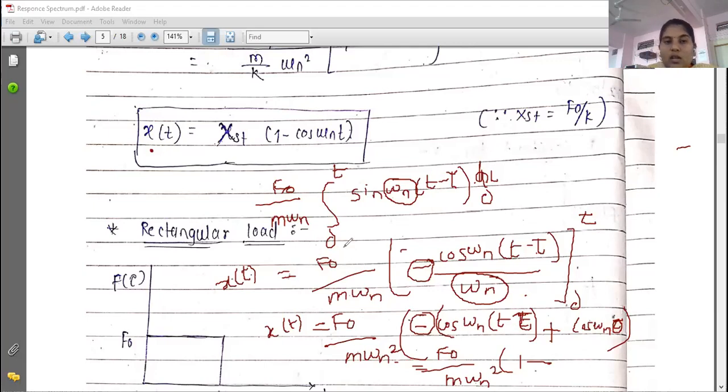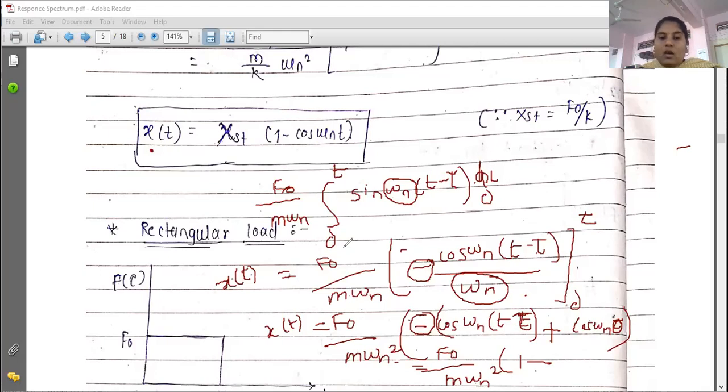Is it okay, Sonali Patil? Yes, madam. Okay, here t is also time, but that time is getting integrated from 0 to t. And I is also time, but in Duhamel's integral I told you that is I. Here also you can consider it as I, no problem. Is it okay?